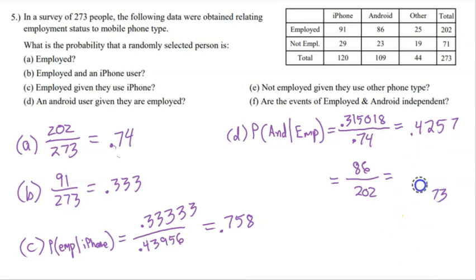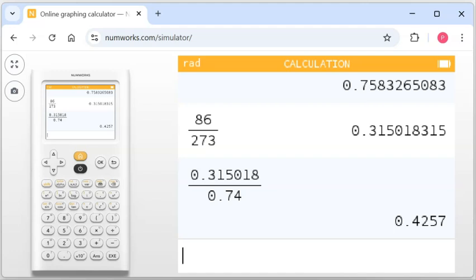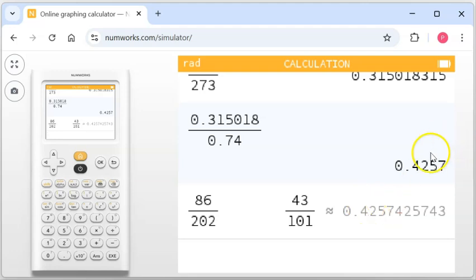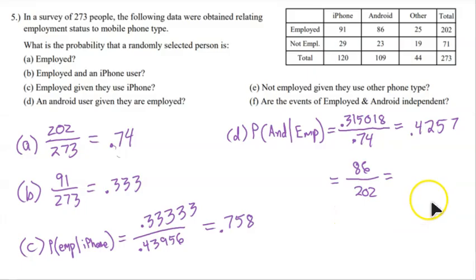I'm going to show that to you down here with this one as well. Okay, so 86 divided by 202. If we do that in the calculator, sure enough, it gives us basically the same thing, 0.4257.